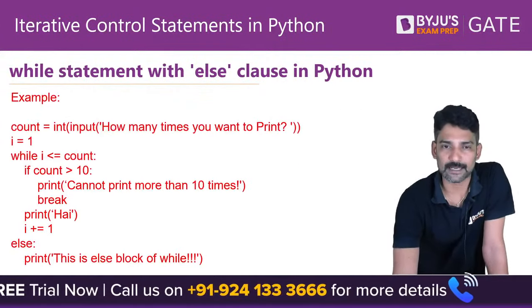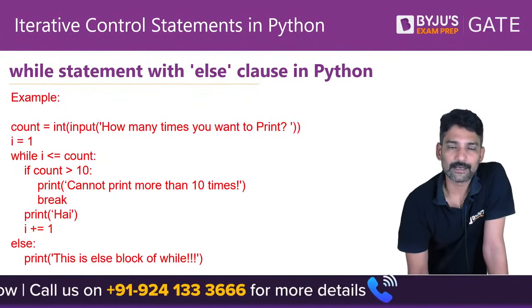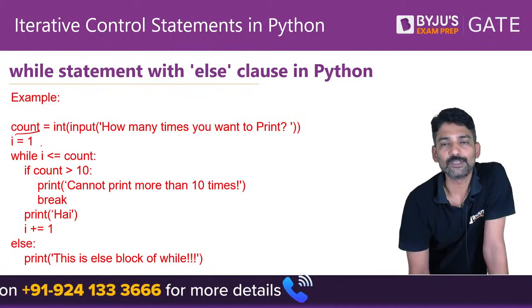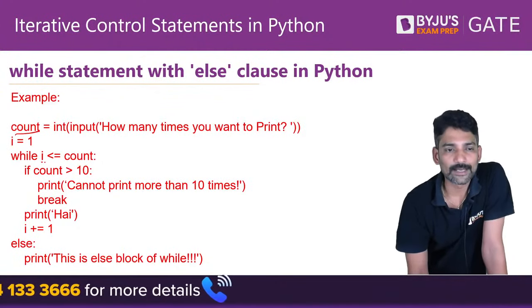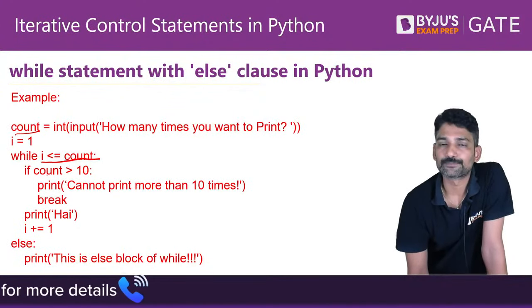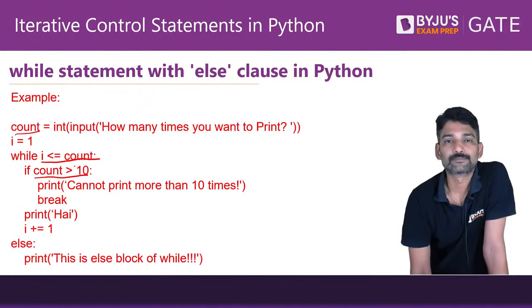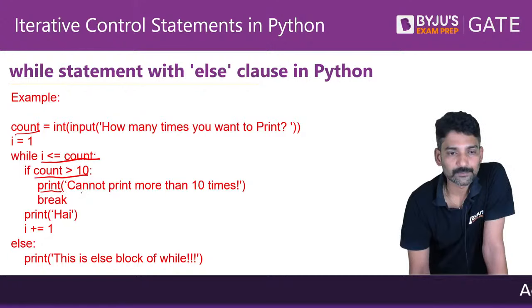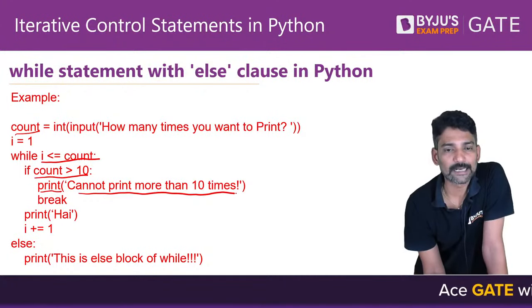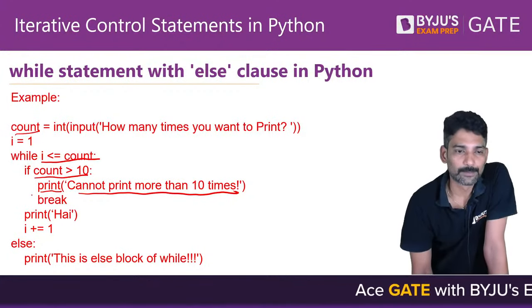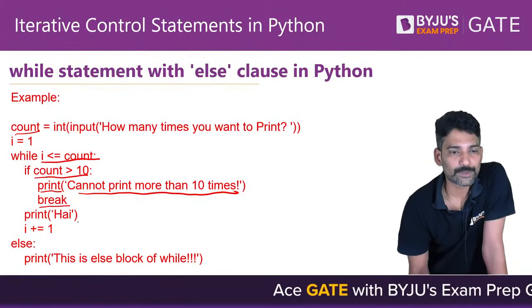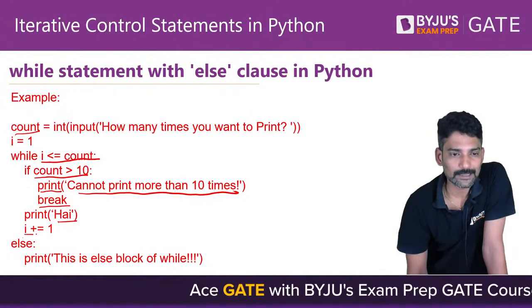Let's see an example. Here I am taking the input for count. While i less than or equal to count, if count greater than 10, print can't print more than 10 times, break. Print hi, i plus equal to 1.